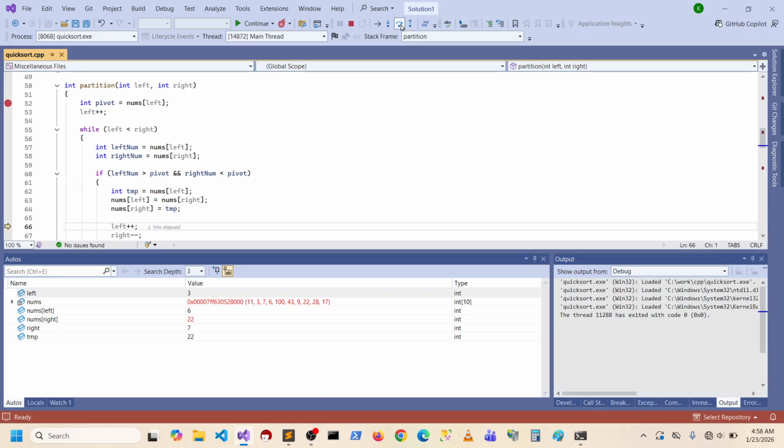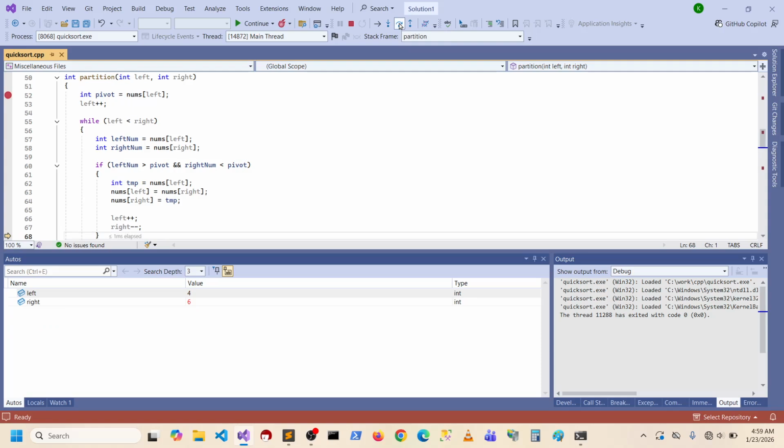So 22 and 6 swapped. So now we just got to get that 9 over, which should be on the next run. It's there.